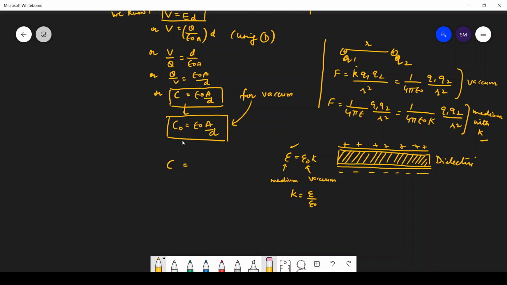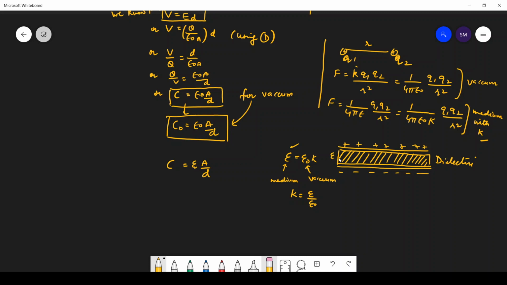Instead of C naught, I have written C. And for epsilon naught, I will write the permittivity of the medium, into A upon D. So this will be the capacitance when the material whose permittivity is epsilon is inserted.